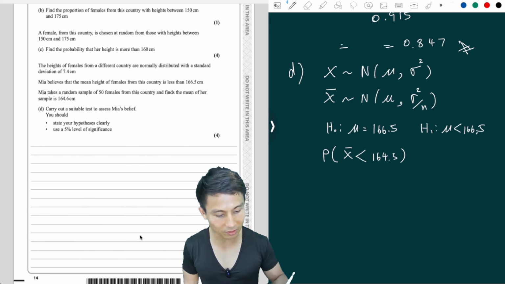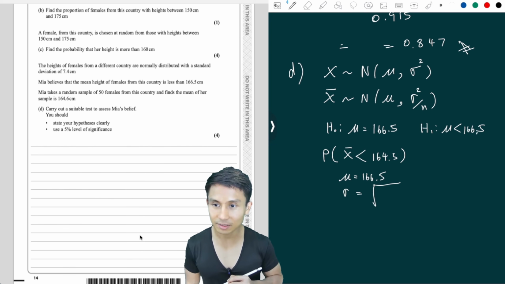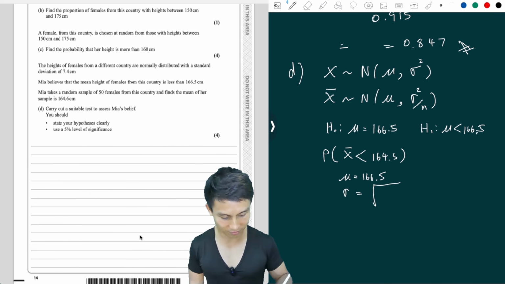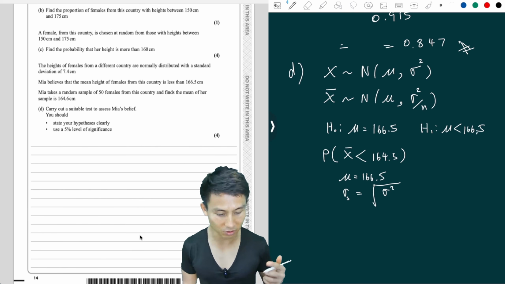But to do that, you're going to need to use mu of 166.5 and sigma of the square root of the same sigma, the sigma of the population, from the previous one. I'm just going to say sigma sample here, which is the sigma we're going to use.